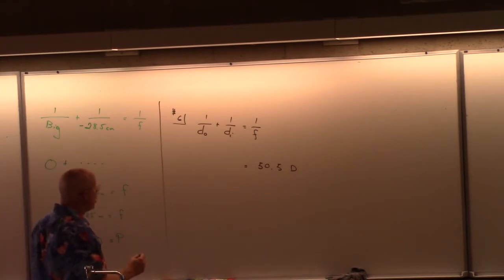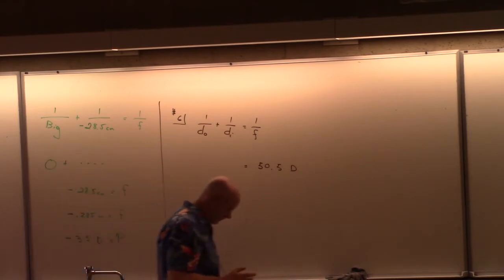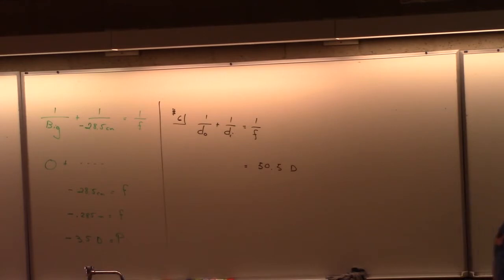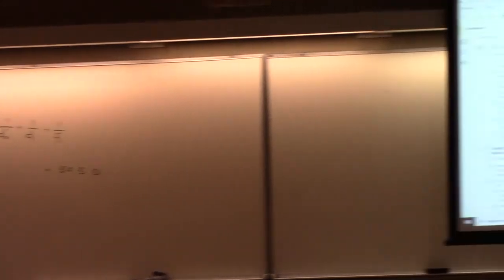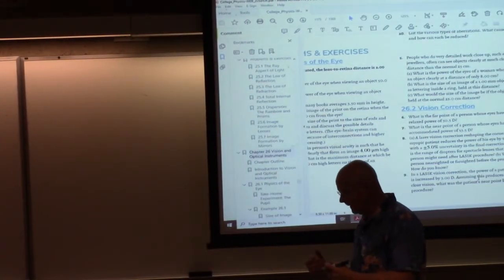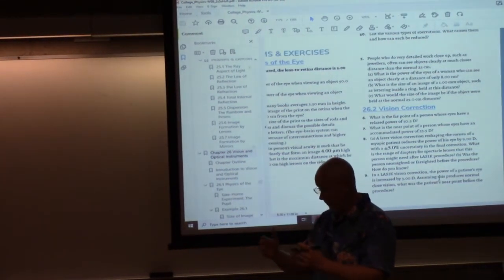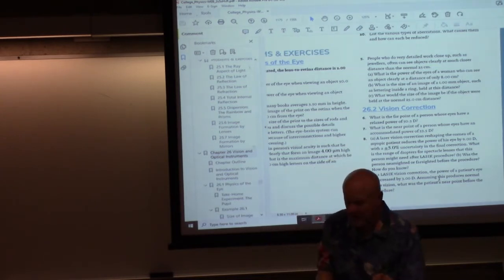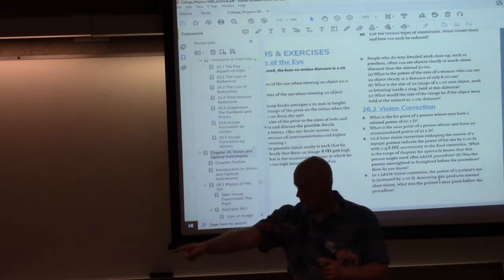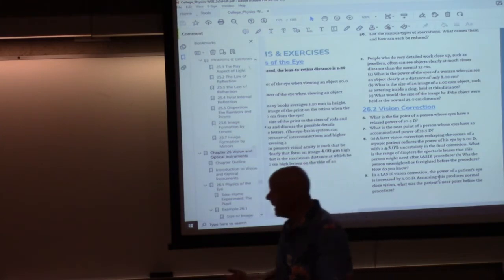I am going to focus then on whatever is the furthest away from me. I want to think this through. So there's my far point, so there's my object distance.